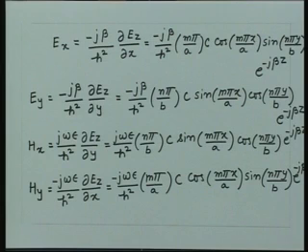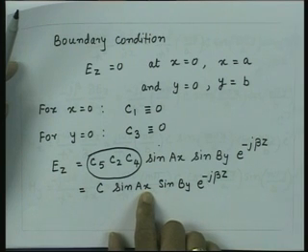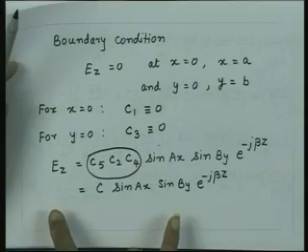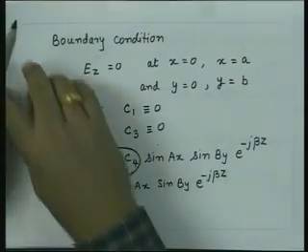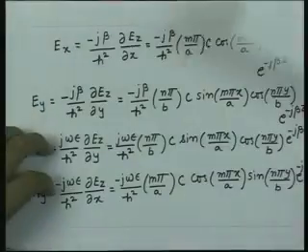So, it is having a sinusoidal variation. So, the Ez was 0 in the x direction at x equal to 0. So, at both the walls the Ez was 0, and in the y direction also it has half cycle variations.